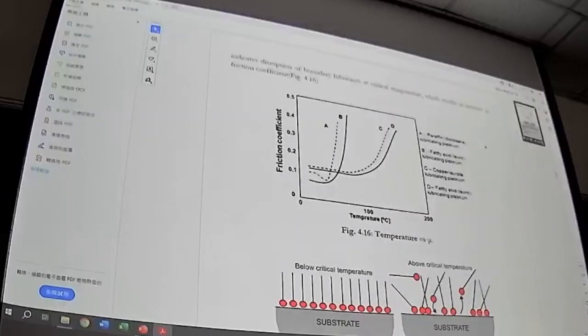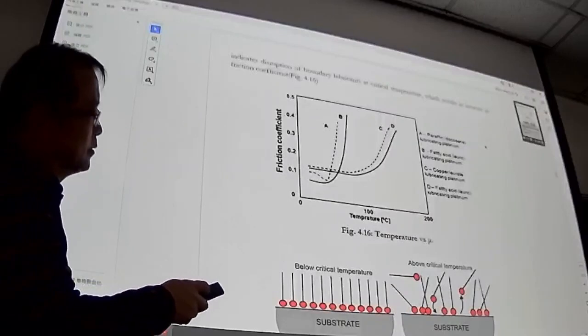Here we have the test results. So you have four different types of foundry lubricant.